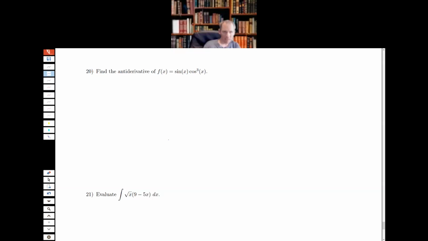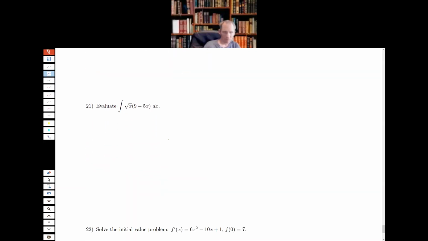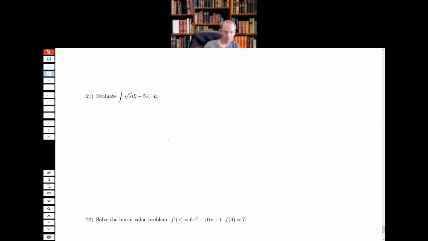All right, problem 20. Find the antiderivative. That one we did. Okay, so let's look at the antiderivative of this one. We don't have a product rule for antiderivatives.